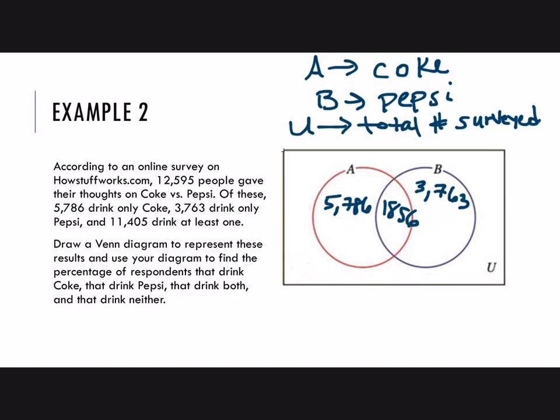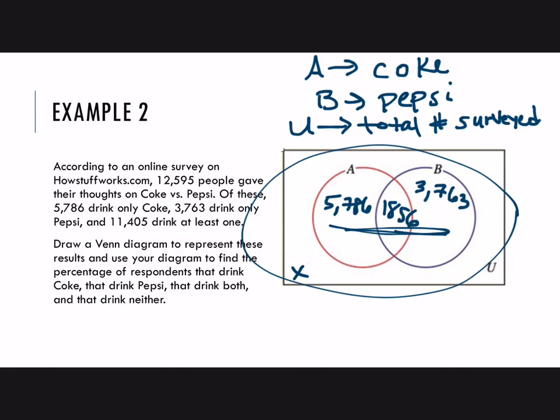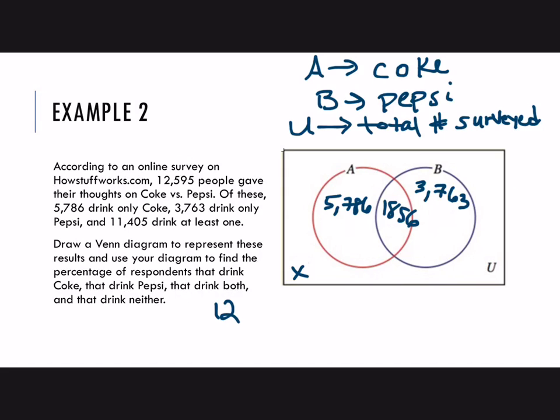Now the outside region, people who drink neither. Well, we know all 3 of these regions, and we know that the total of all 4 regions is this 12,000 number. So now you just need one more subtraction. Take the total number of people surveyed, subtract the people in these 3 regions, and then see what's left.